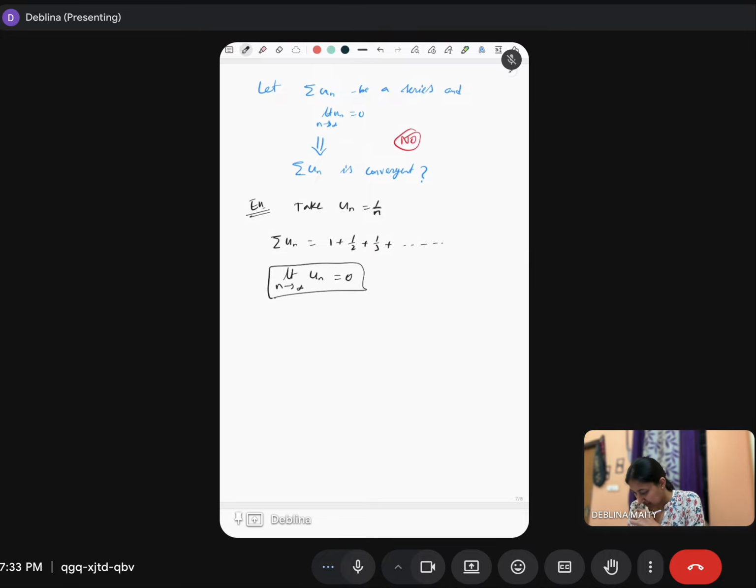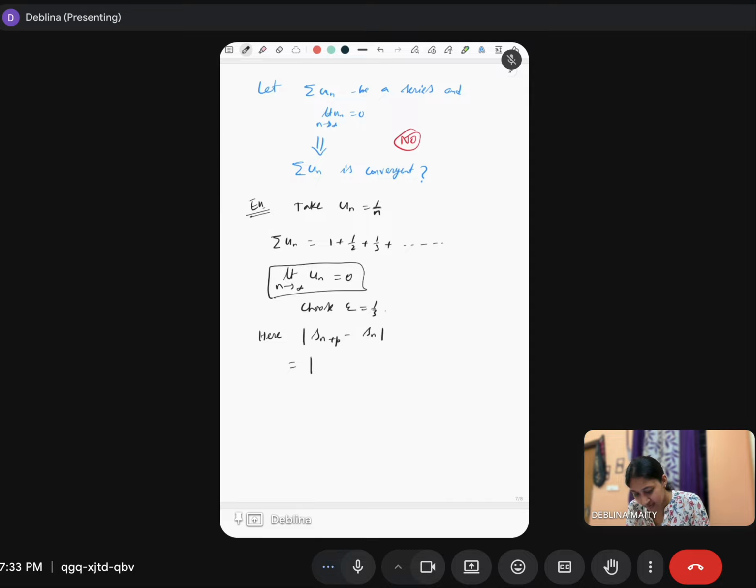So choose epsilon to be 1 by 3. And here S_n is the nth partial sum. So S_{n+p} minus S_n here is what? S_{n+p} is u_1 plus u_2 up to u_{n+p}, and S_n is u_1 plus u_2 up to u_n.